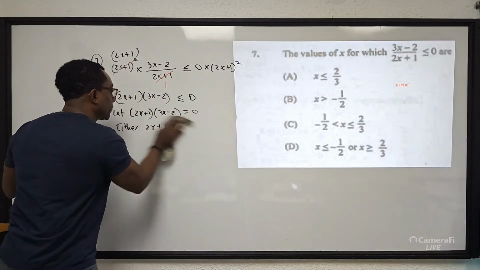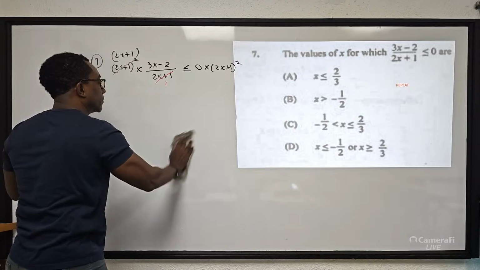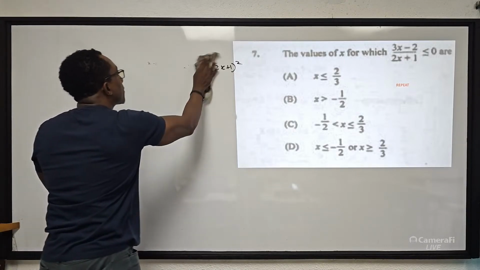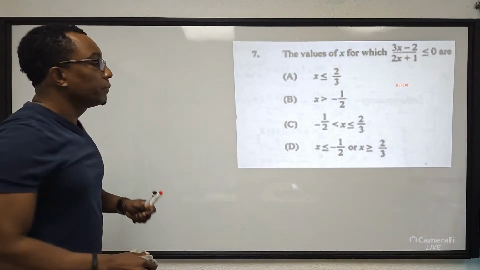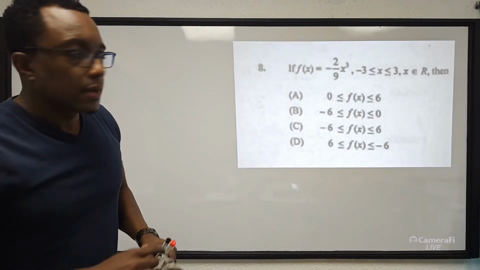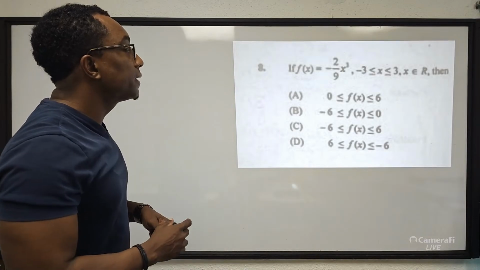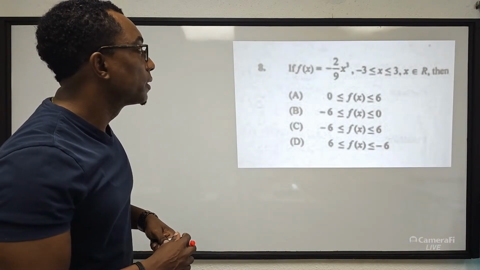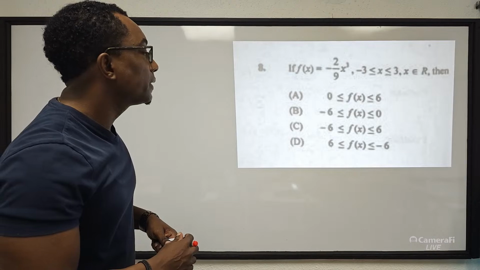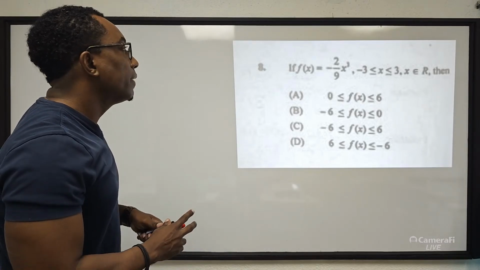So 8. We have here, if f of x is equal to negative 2/9 x cubed, I think that's x cubed, right?